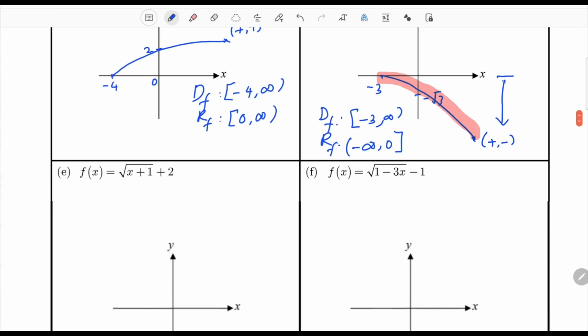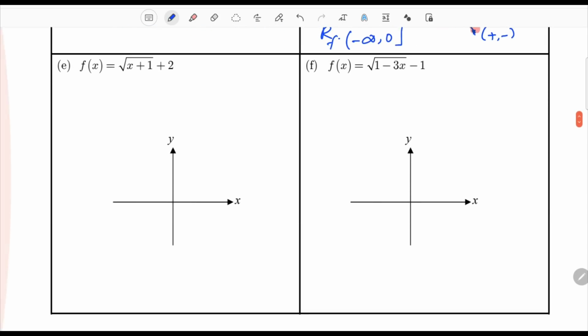Right, next look at E. We have f(x) equals square root of x plus 1, plus 2. You have plus 2 behind here. Alright, so x plus 1 is greater than or equal to 0, x is greater than or equal to negative 1. That will be your domain.